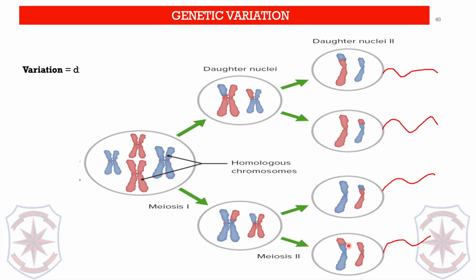And then the last function, we said that meiosis ensures genetic variation, or in other words, that each gamete that is produced by meiosis is genetically different from each other. Okay? So as you can see over there, each sperm cell has a different combination of chromosomes with a different combination of genes.